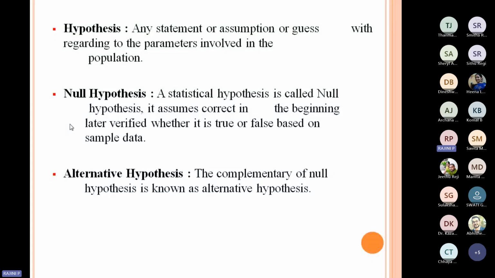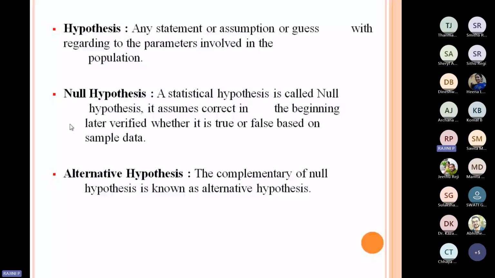Clear? And what is the null hypothesis? It is a basic assumption. To prove or disprove something, first you need to assume something, right? The basic assumption before going for your analysis is called the null hypothesis.